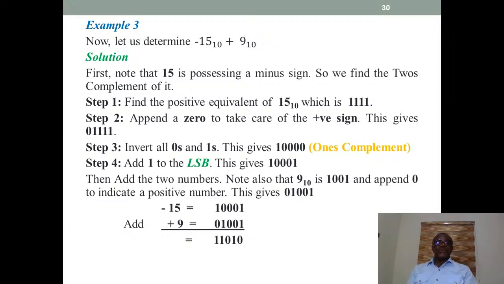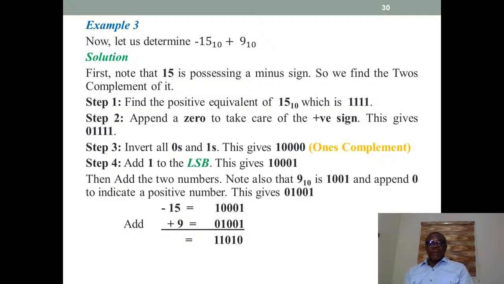Step 2, we append a 0 to take care of this positive sign for 15, which gives us 01111. Then step 3, we invert all to convert to one's complement, which gives us 10000. And step 4, we add 1 to the least significant bit, which gives us 10001.